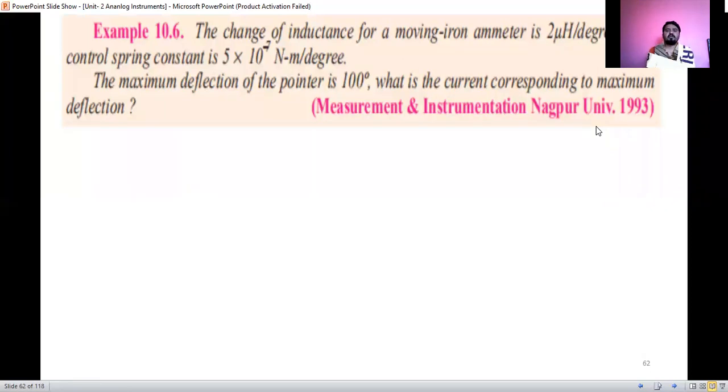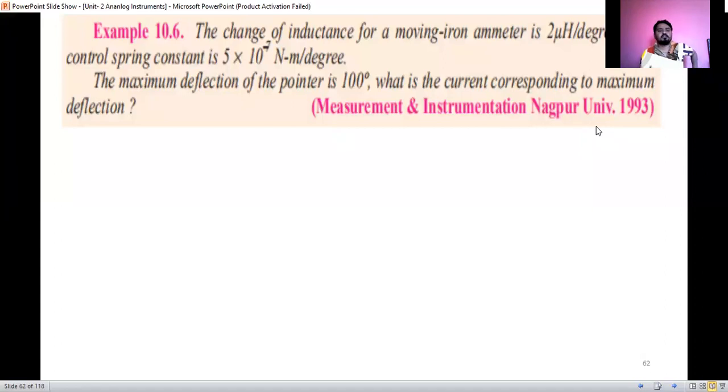The change of inductance for a moving iron meter is 2 microhenry per degree.